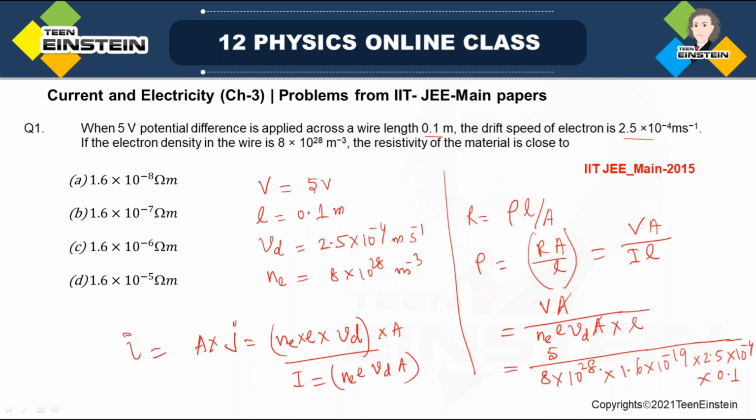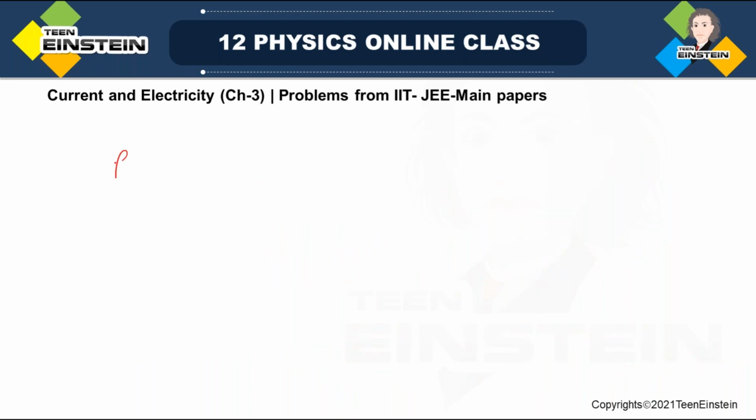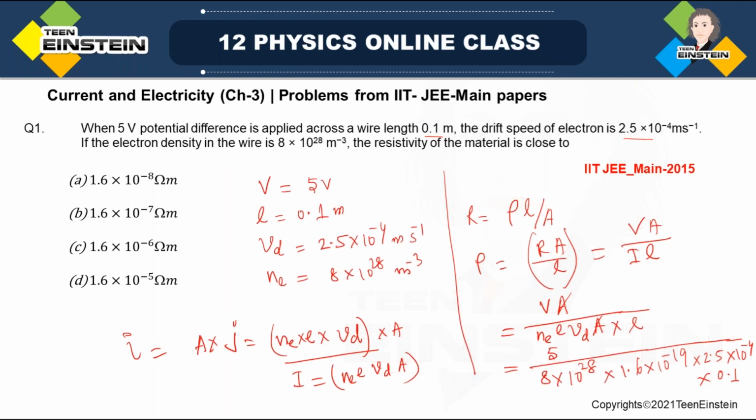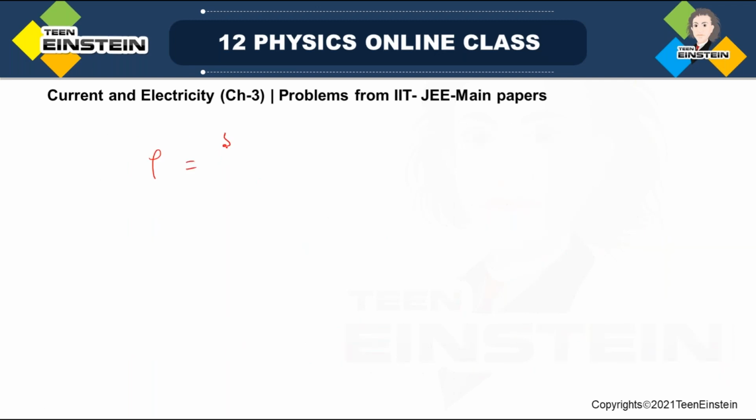Okay, I'll go to the next page and tell you what we are getting. So rho is 5 divided by, okay, I'll write the parameters.